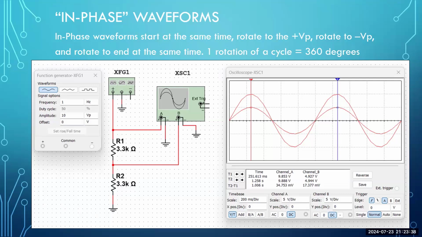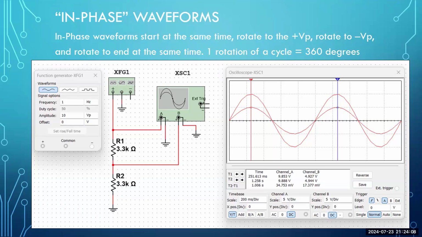Another very important definition you should write down is one rotation of a cycle is 360 degrees. So from beginning of a cycle all the way to the end of one cycle is 360 degrees. And where this becomes significant is when we get into more advanced electronics here in the AC side of the world. We'll be talking about some differences between these waveforms that are measured in units of degrees.